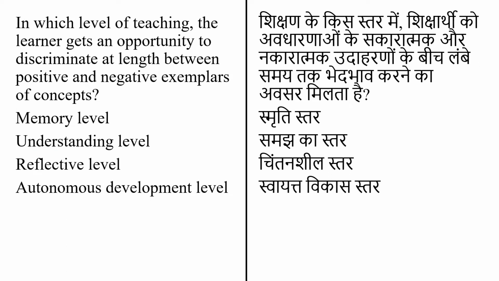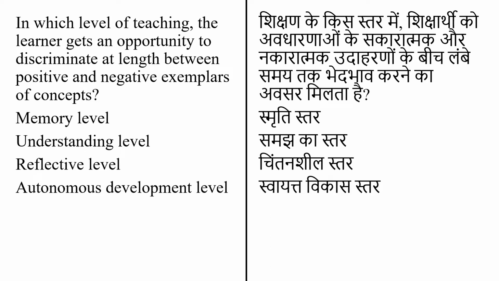In which level of teaching does the learner get an opportunity to discriminate between the positive and the negative explainer of the concept? So here in this question they have given you the levels of teaching. So please remember the different levels of teaching.